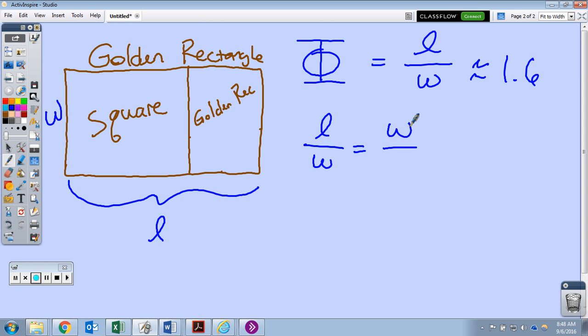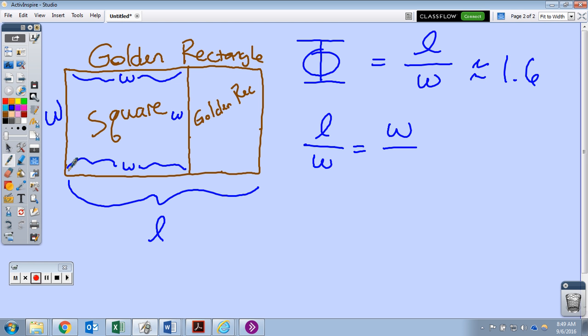What would the width of this golden rectangle be? This is a square where this is W, therefore this distance here must be W, and this distance here must be W. Is there a way to express this using L and W?